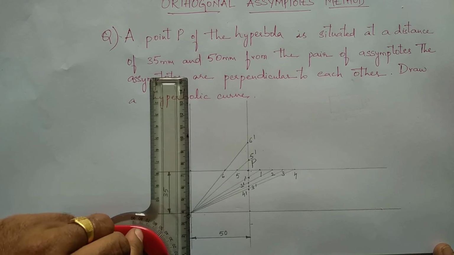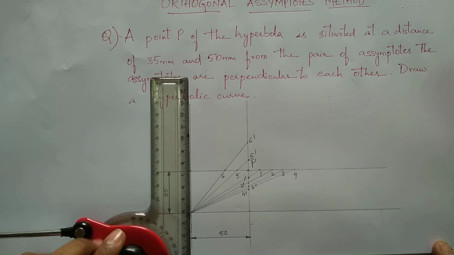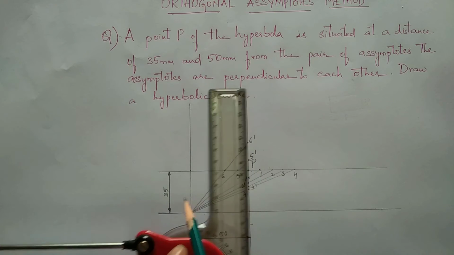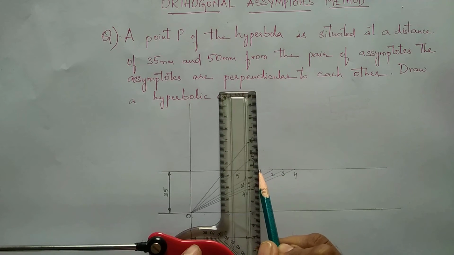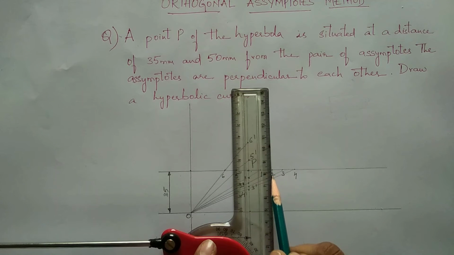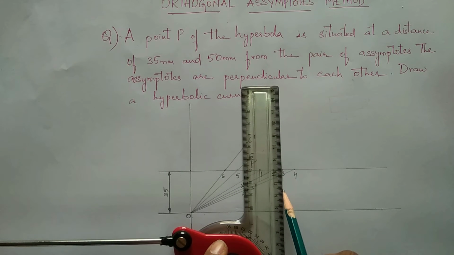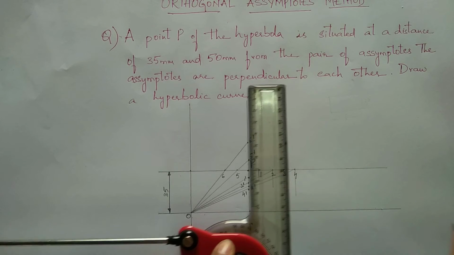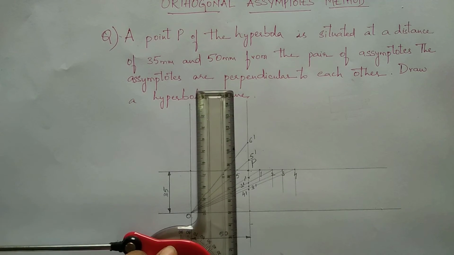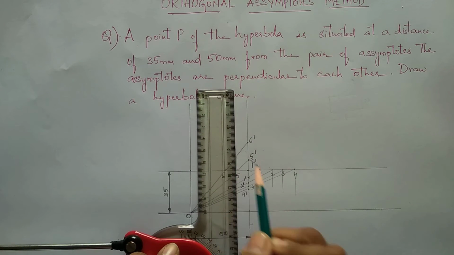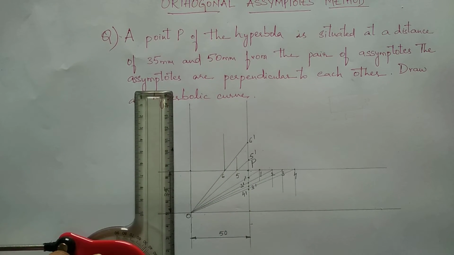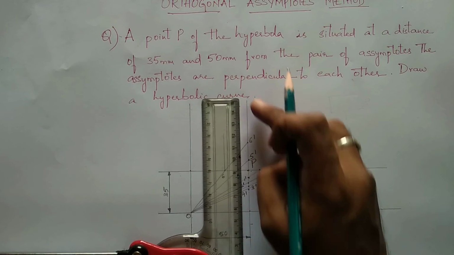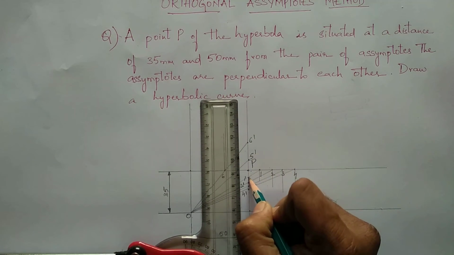Now, keeping your drafter scale parallel to the vertical asymptote, from each point on the horizontal line, drop vertical lines from 1, 2, 3, 4, and similarly from points 5 and 6 project upward. Now, on the vertical line, mark the points we have located.